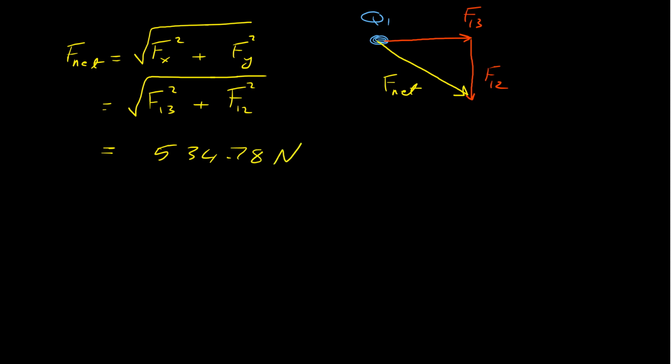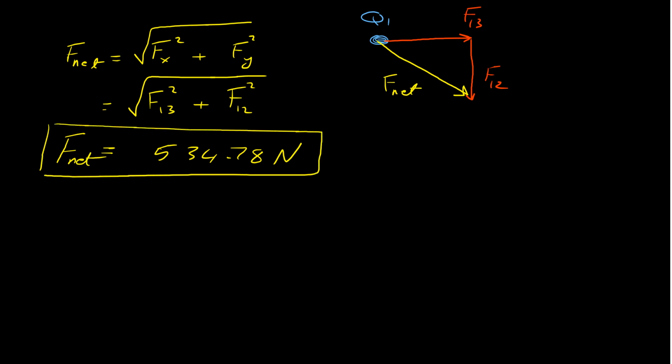That will be the magnitude of the net electrostatic force acting on that 1000 microcoulomb charge located at the origin. Now, to identify the direction of this net electrostatic force, I will say this is theta, the angle that the net electrostatic force vector makes with the x-axis.